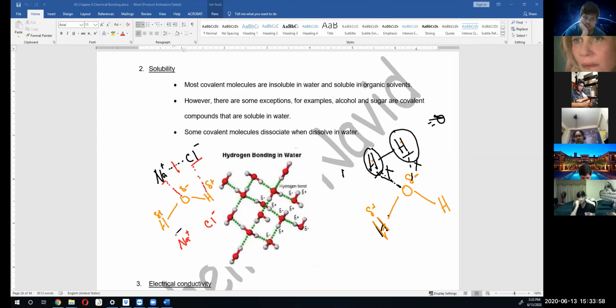This sodium ion is then surrounded by water molecules, and this chloride ion is surrounded by water molecules. So now they have formed ions. This is why ionic compounds can form ions and are soluble in water. Covalent compounds cannot.